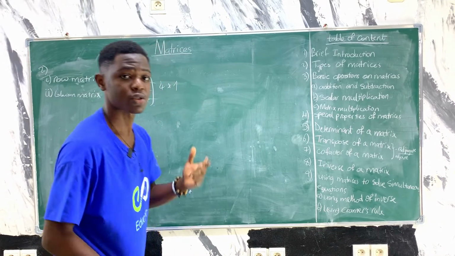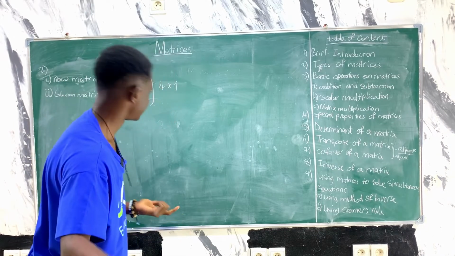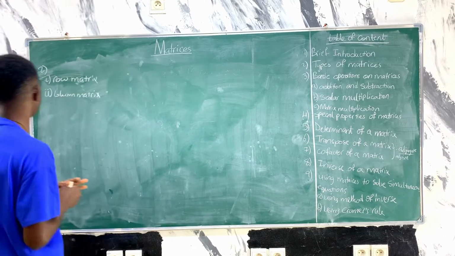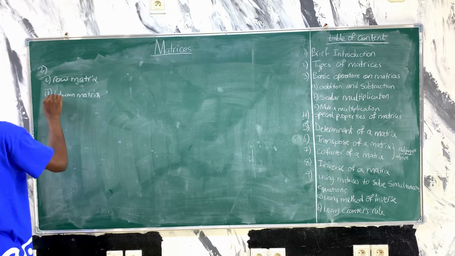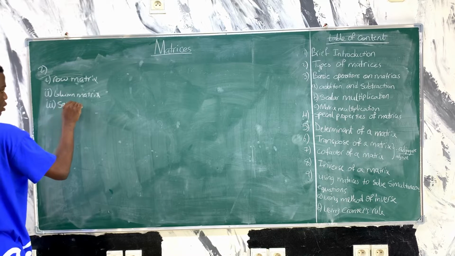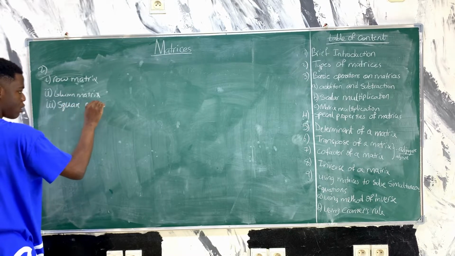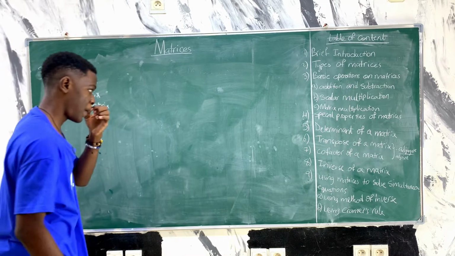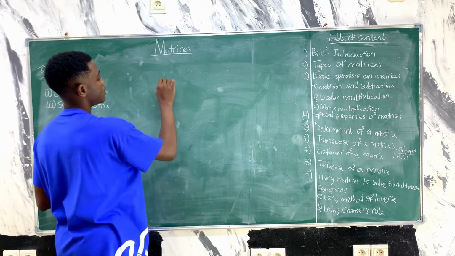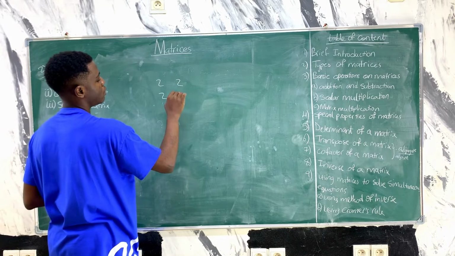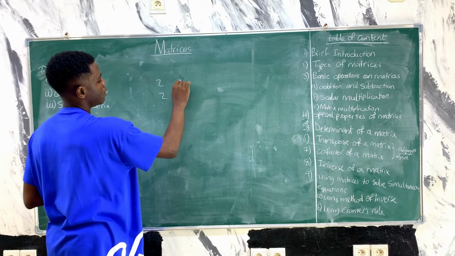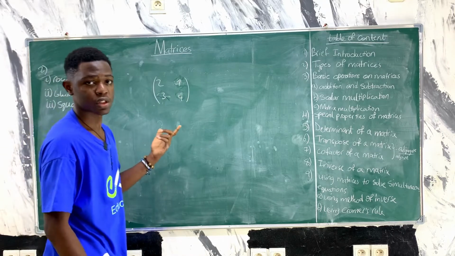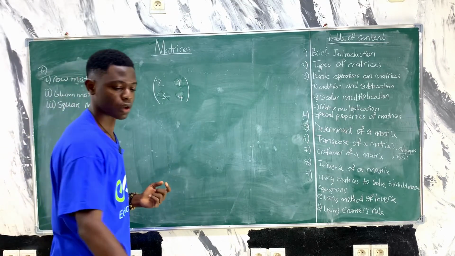So the next type of matrix is the square matrix. I think you can also guess what the square matrix is. A square matrix is a matrix which has the same number of rows and columns.